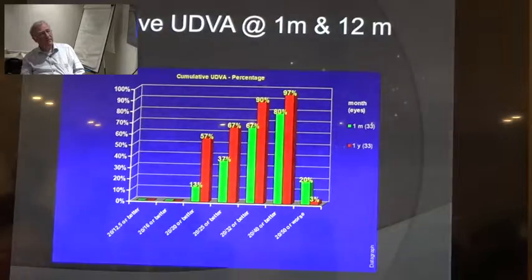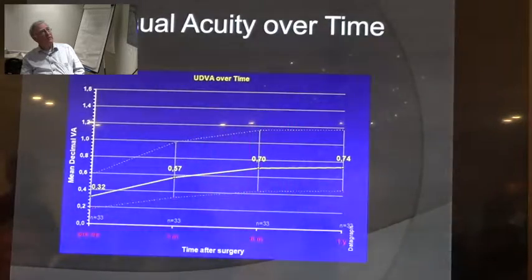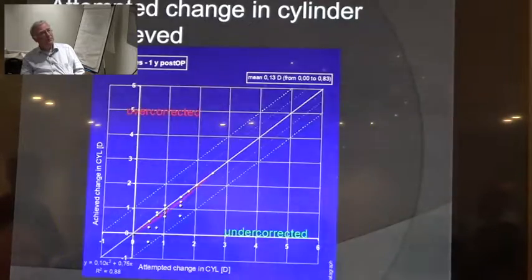Very quick after the operation, there are fewer than in the myopic group. The preoperative corrected distance visual acuity and the uncorrected distance visual acuity are about the same as before. And the visual acuity over time also shows this regression, or undercorrection, of about half a diopter after 1 year.